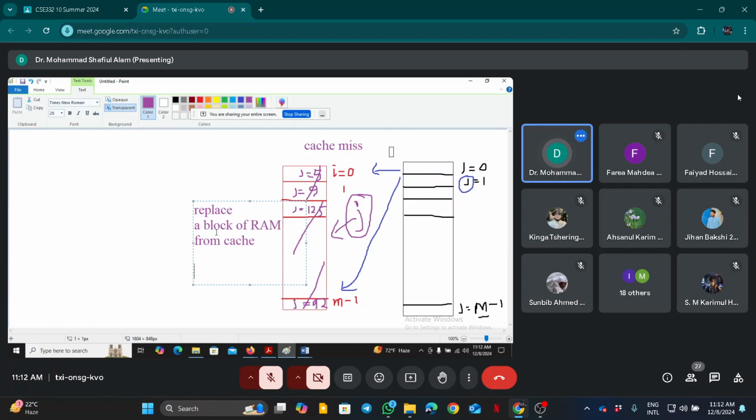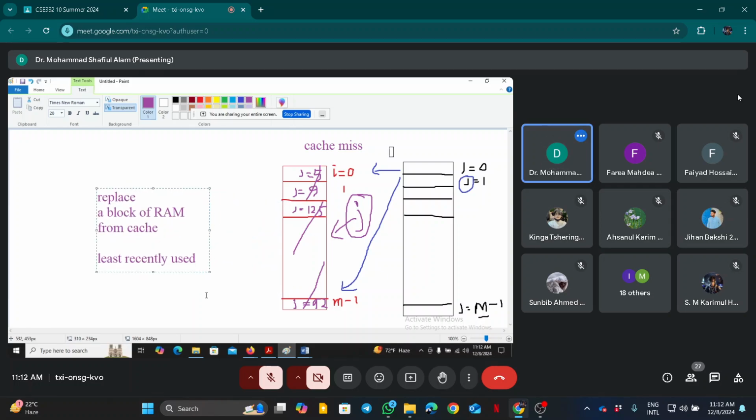We talk about two algorithms. One is we call it least recently used, following the principle of locality of reference.